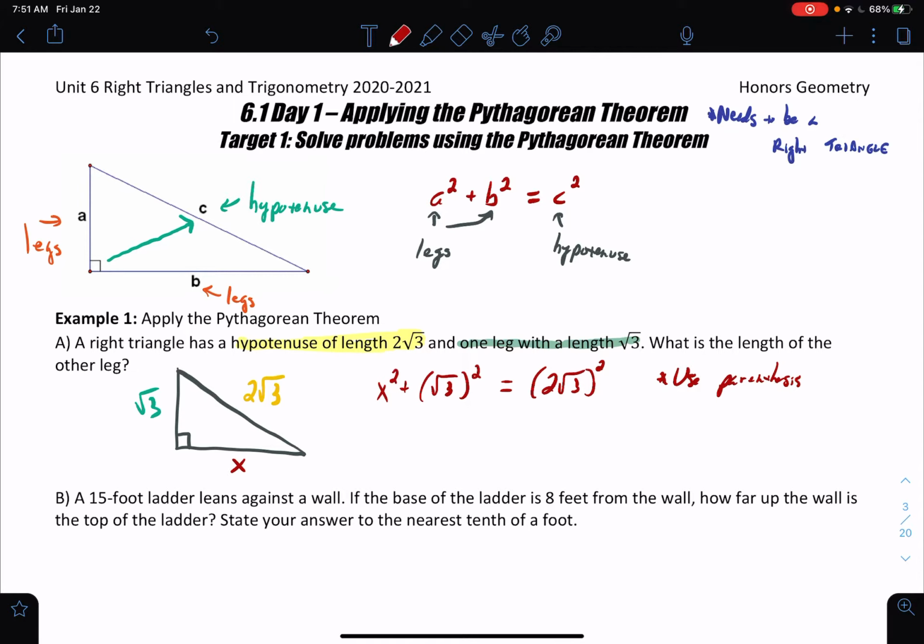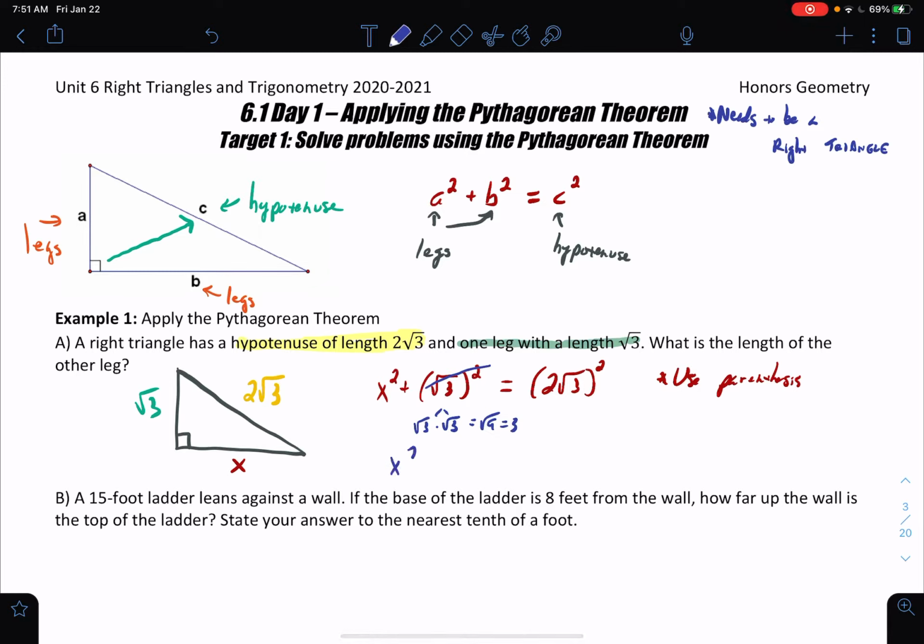Let's square what we can. So, square root of 3 squared is the same thing as square root of 3 times the square root of 3. So multiply what's underneath the radical, and I would get square root of 9, which equals 3. Okay, so square root of 3 squared, that's going to act as the squaring undoes the radical, the square root.